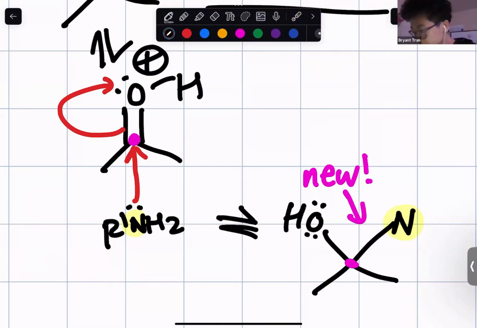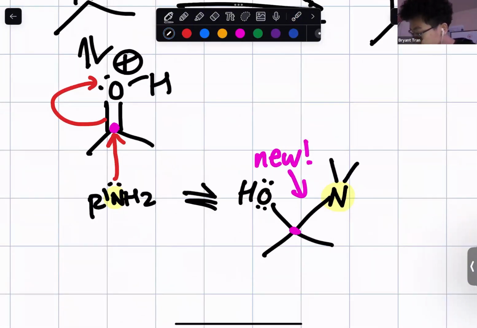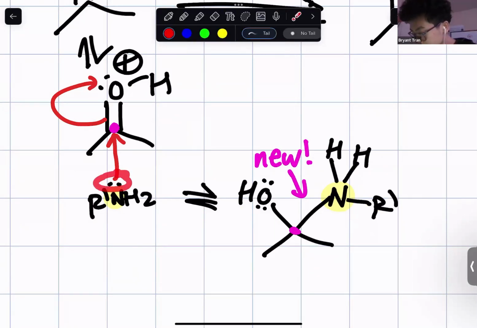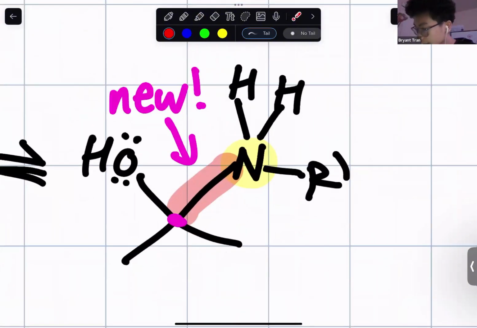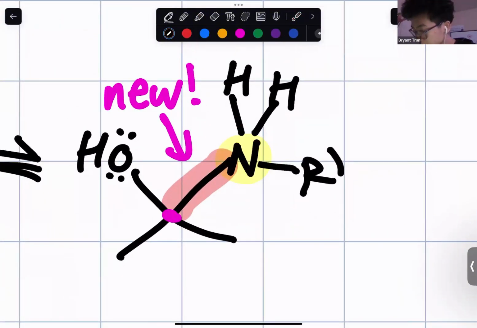So that nitrogen right there is attached to two hydrogens and an R prime group, right? It does not have a pair of electrons anymore because it used that pair of electrons to make that new bond between the nitrogen and carbon right there. So the formal charge of this nitrogen here with 4 bonds and no pairs of electrons would be positively charged.